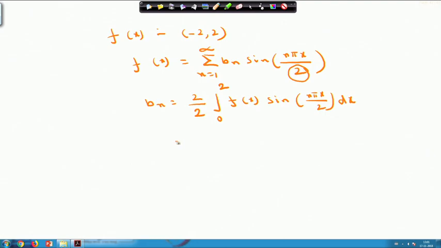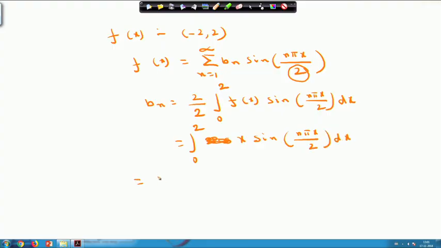Now, in 0 to 2 the value of f(x) is x. So, you can write b_n as (2/2) times the integral from 0 to 2 of x into f(x), that is x into sin(n pi x by 2) into dx.